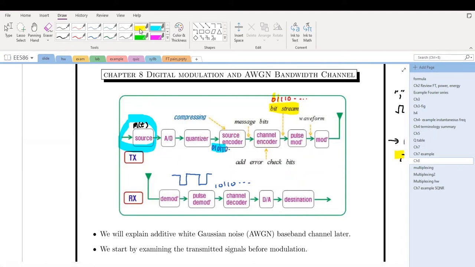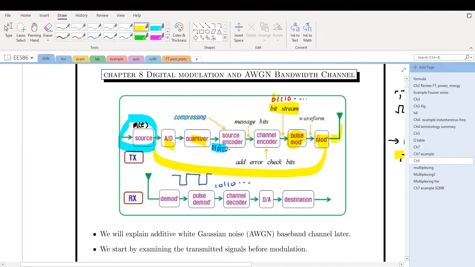We do not need to perform all these modules. We do not need analog to discrete time conversion. We do not need to do quantization. We do not need to do pulse modulation. So we directly can modulate this analog signal directly to the high frequency band and pass to the antenna. So this is analog communication here.